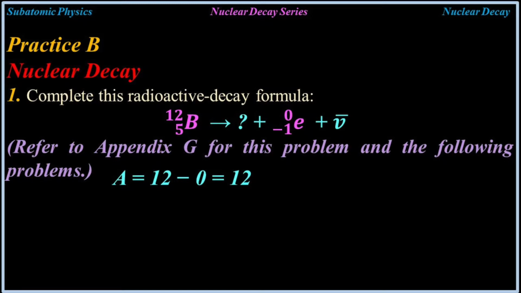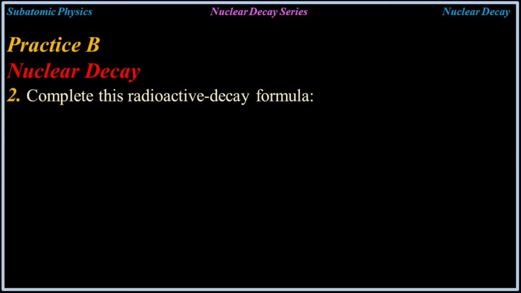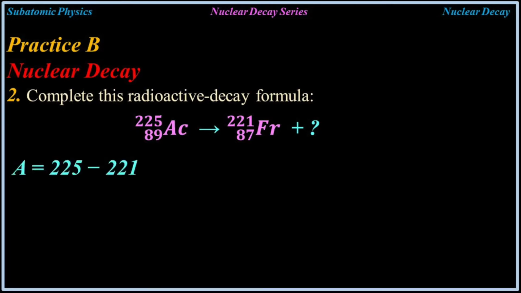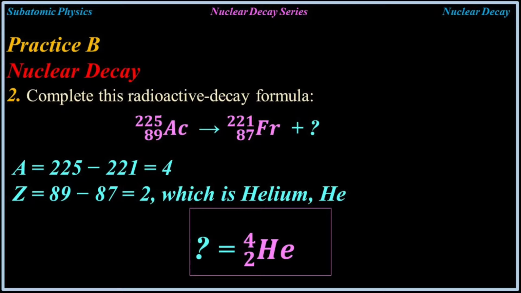So 12 is going to be the mass number, and 6 is going to be the atomic number, so it'll be carbon 12, carbon because it's 6. Complete this radioactive decay formula. Okay, so it's going to be 225 minus 221 equals 4. And that obviously is going to be helium. So that'll be an alpha decay.